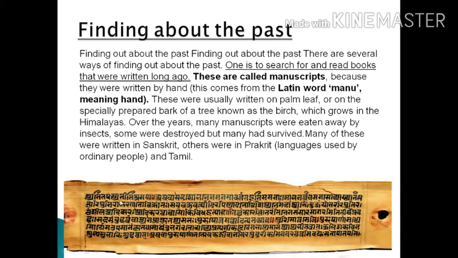If you see the language written here, you will find that manuscripts were written in Sanskrit. Even other languages were used, but the majority of them were written in Sanskrit, Prakrit and Tamil.